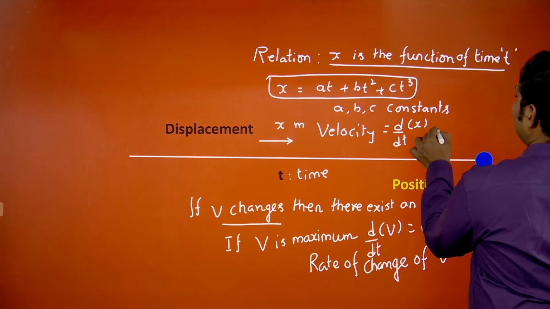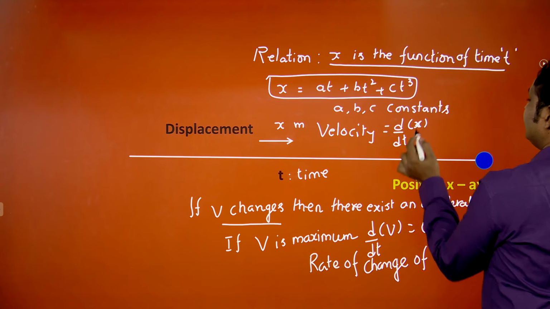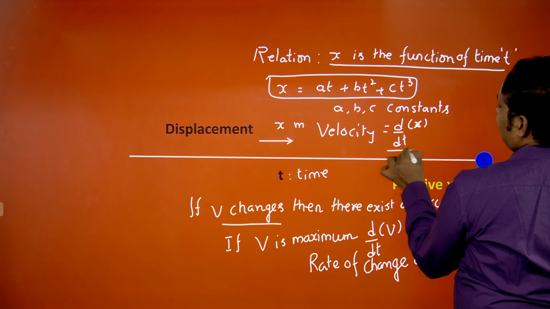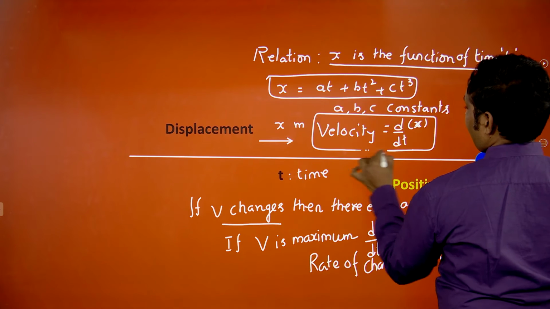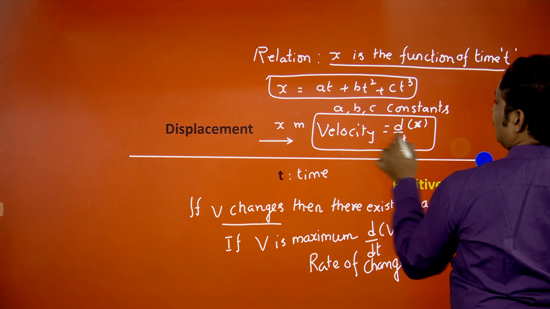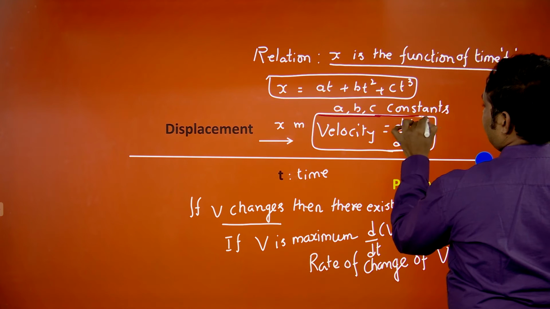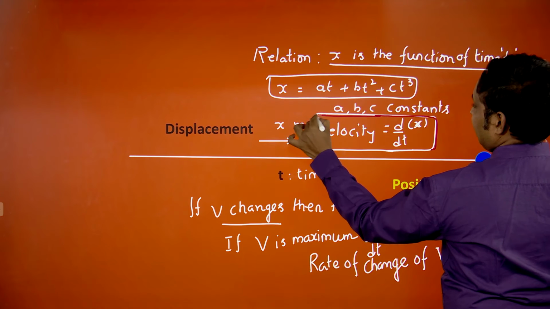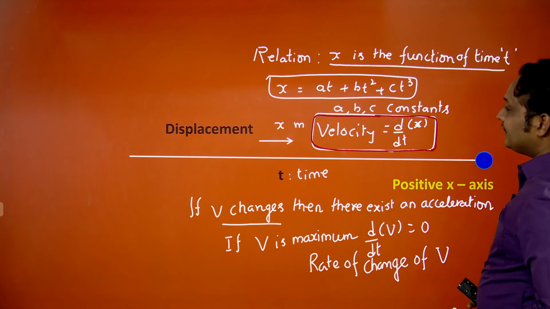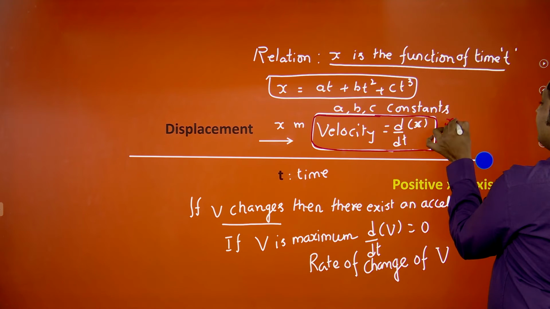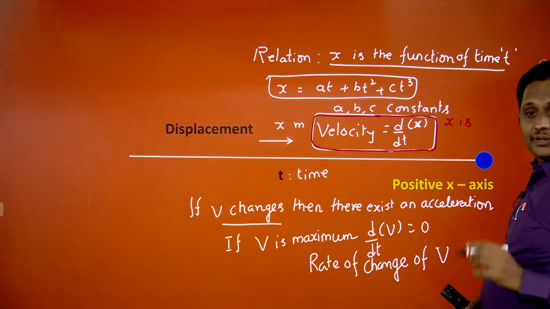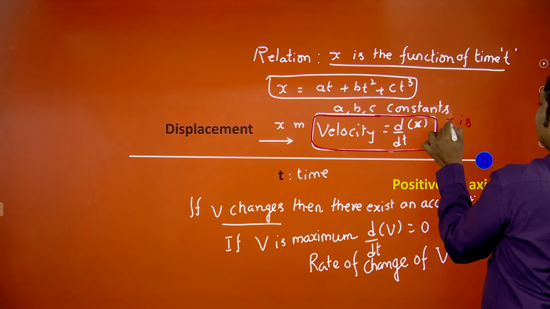Yes, that's going to be identified. You have to take this one. This is very, very important. Yes, x is the function of time. X is the function of time. All right, it's very clear.